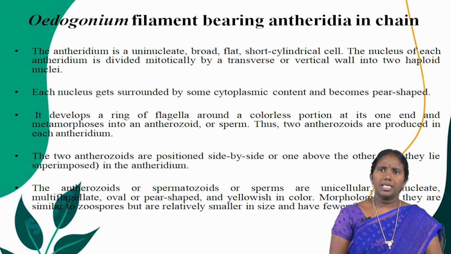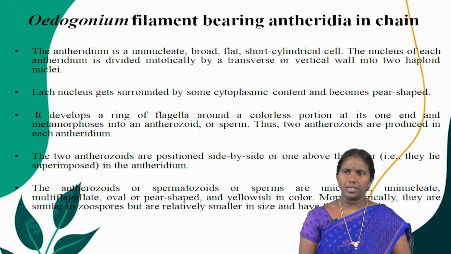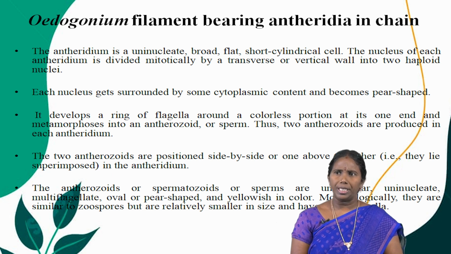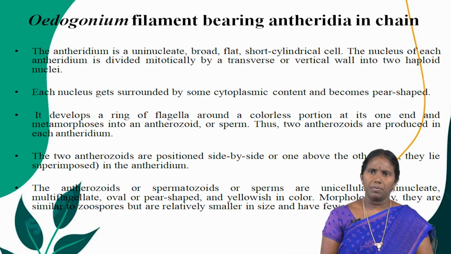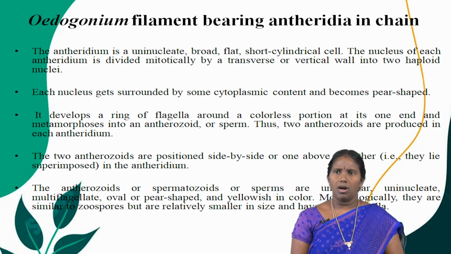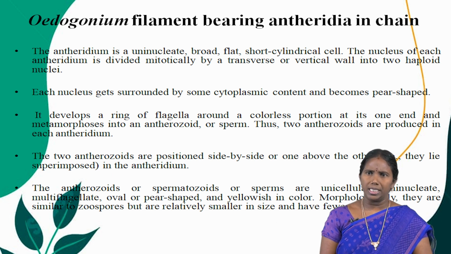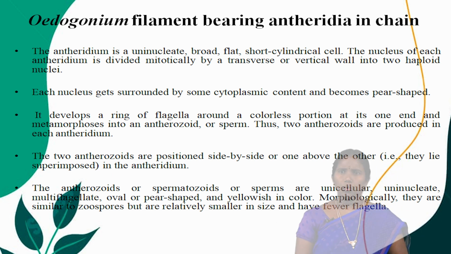It develops a ring of flagella around a colorless portion at its one end and metamorphoses into an androzoid or sperm. Thus, two androzoids are produced in each antheridium. The two androzoids are positioned side by side or one above the other.